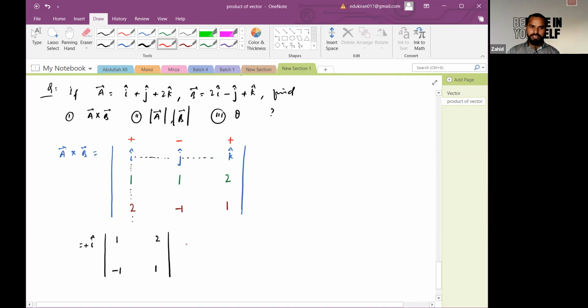Similarly, if you do the same process for j cap, you are left with this and this, so it will be 1, 2, 2, and 1. Similarly, for the third part, k cap, you will get the determinant of 1, 1, 2, minus 1.